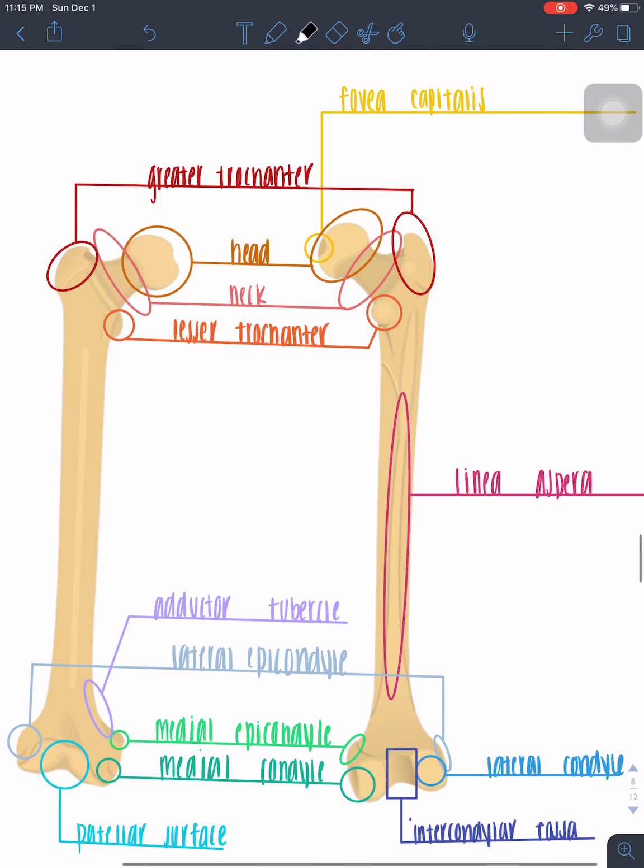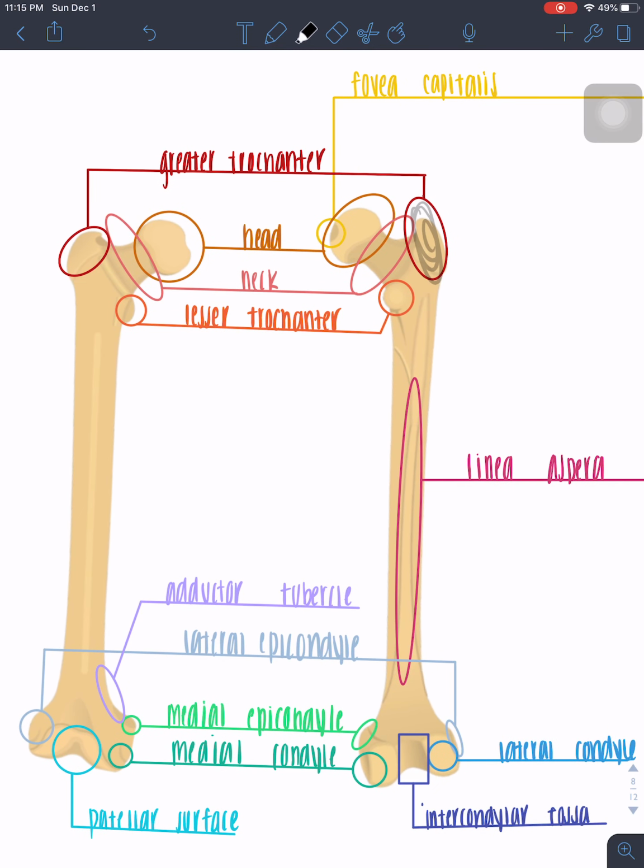So for the femur, we have this fovea capitis right there. And then once again, we have greater and lesser. This is the greater trochanter here. And then we also have a lesser trochanter here.